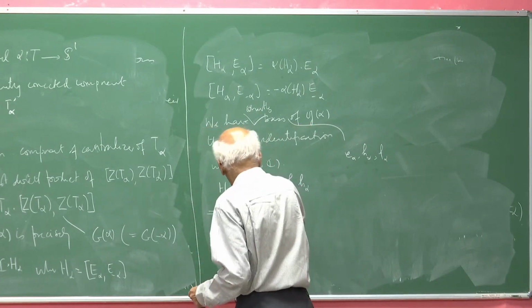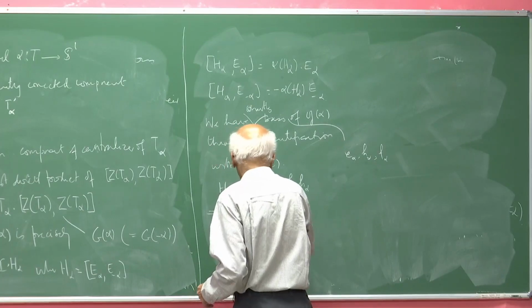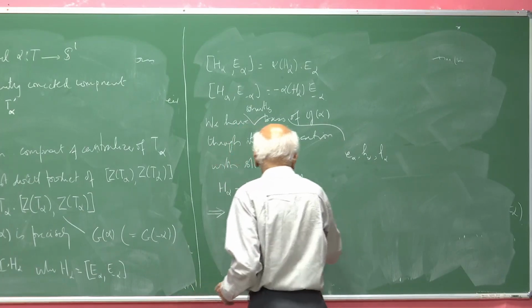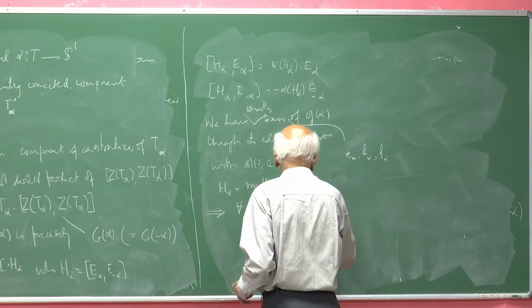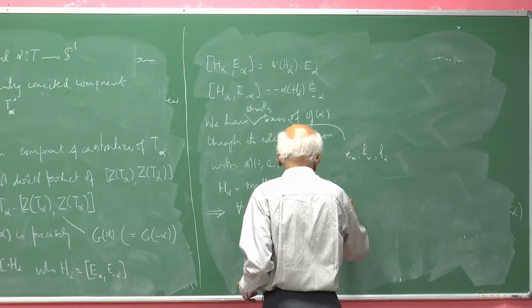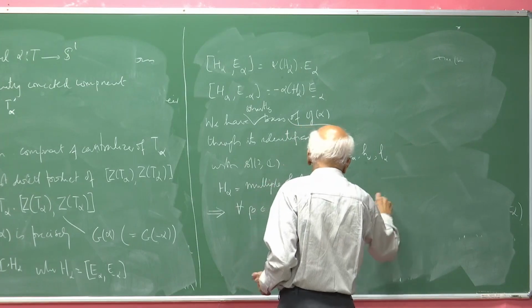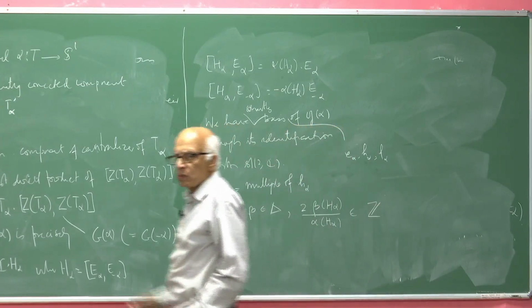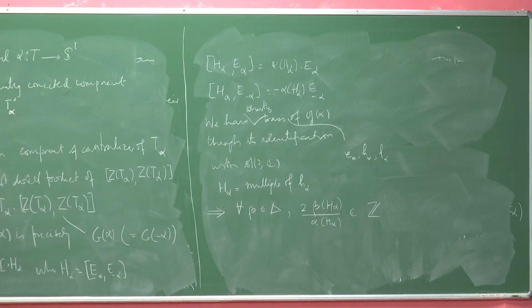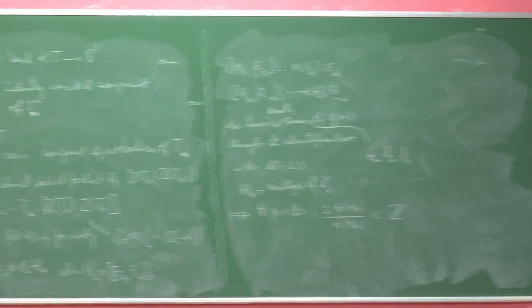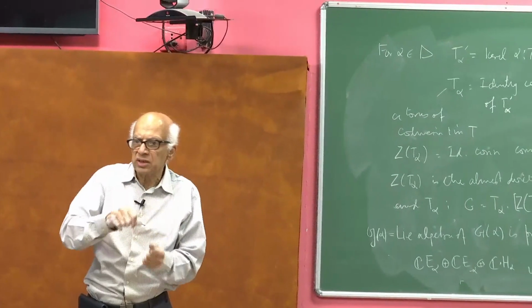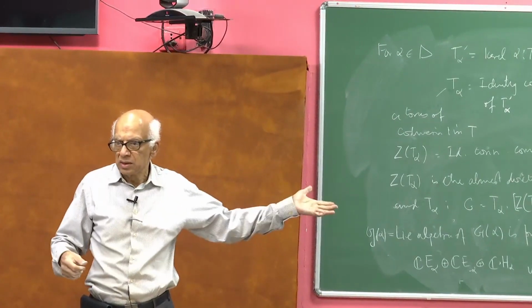For every beta in delta, 2 beta H alpha by alpha H alpha is in Z. This is exactly what I did in the case of SL2. The fuss I made about choosing instead of H a multiple of H and so on, this is the reason why.